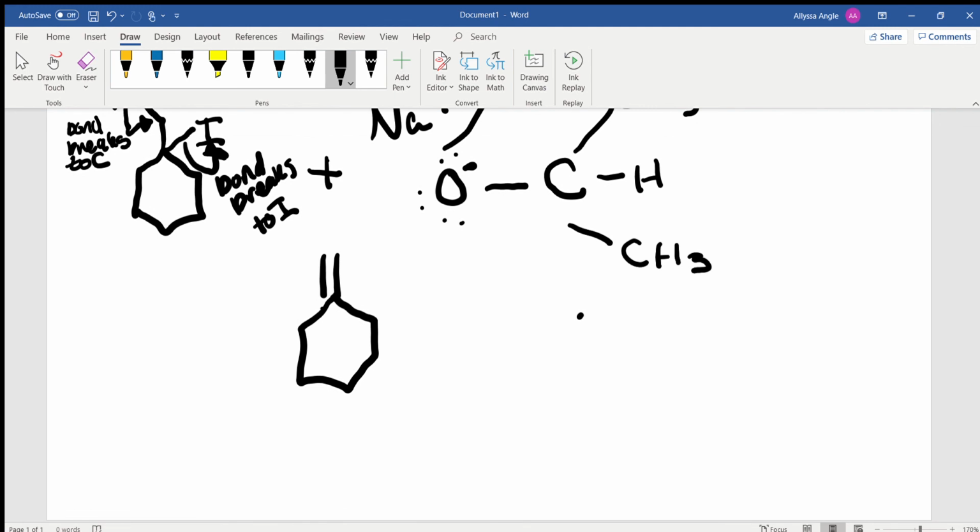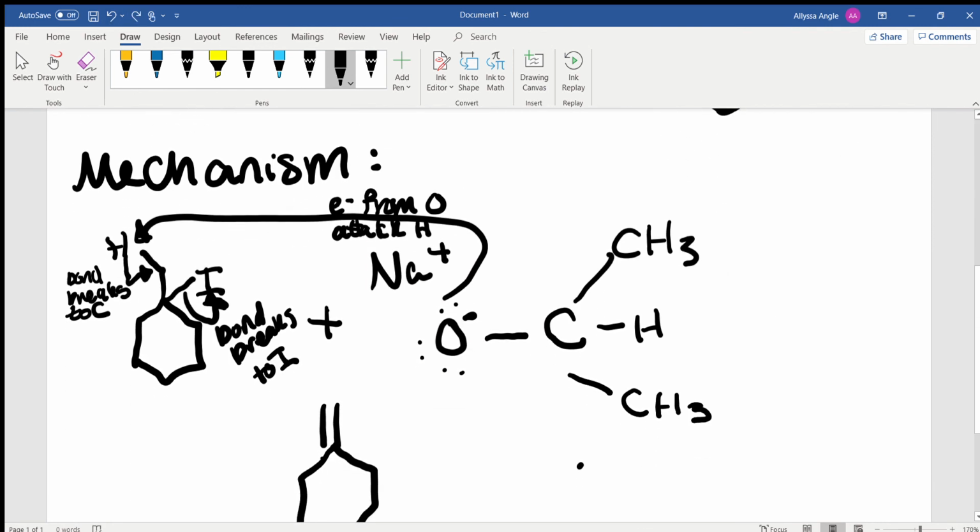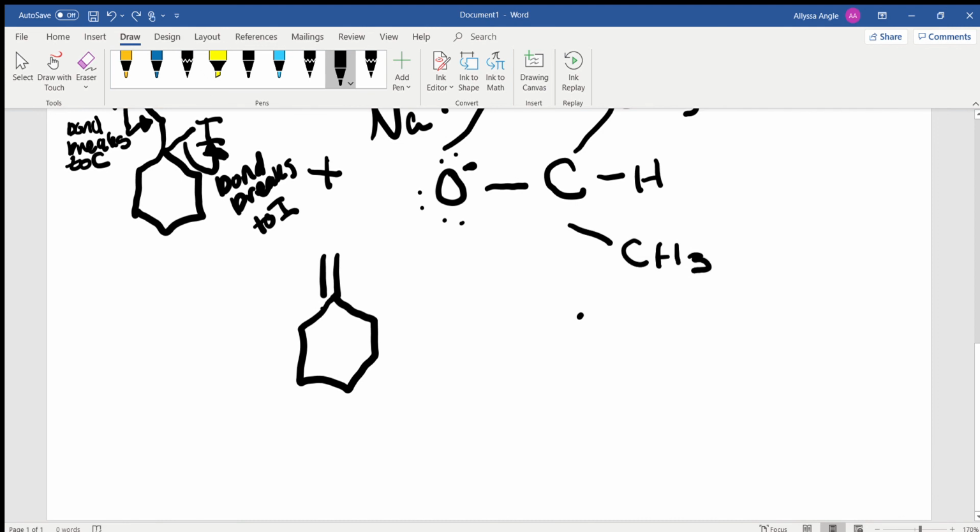And like I said in the beginning, it does follow some different rules. So it follows Hofmann's rule and not Zaitsev's rule. And that just means that the way the double bond happens is in a different location.